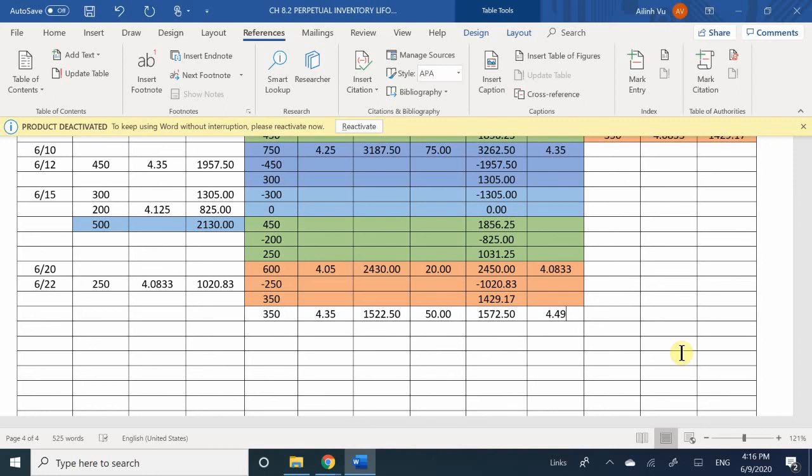My calculator is not giving me all the digits.